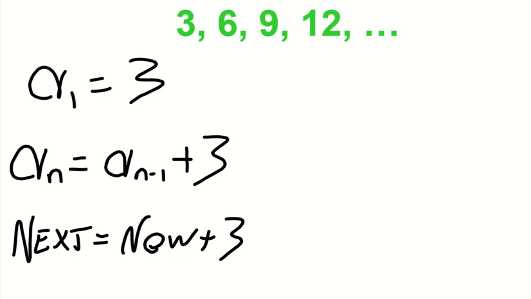For the explicit formulas, we need to make these like ordered pairs or like a table. So that's term 1, term 2, term 3, term 4. And what we're looking at is the term number, the 1, 2, 3, 4 I just wrote, those are like x values.